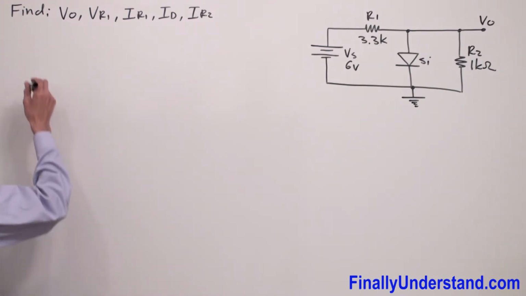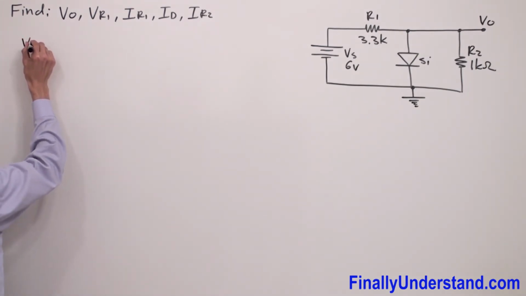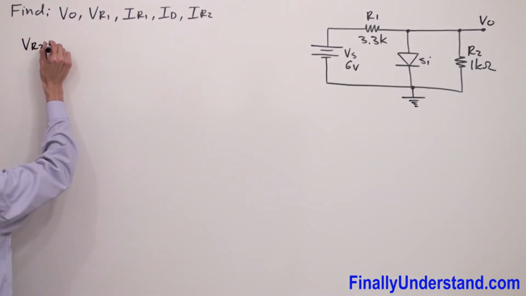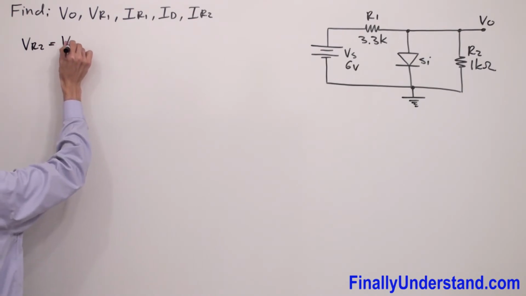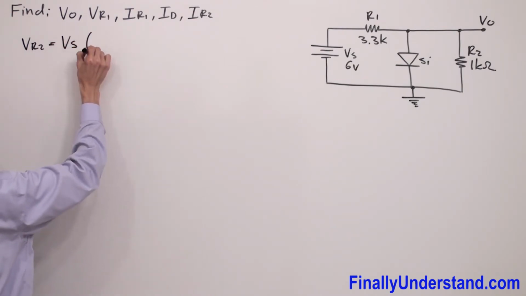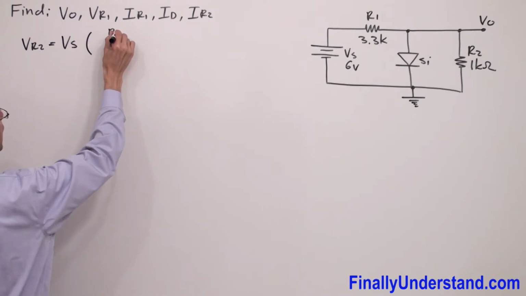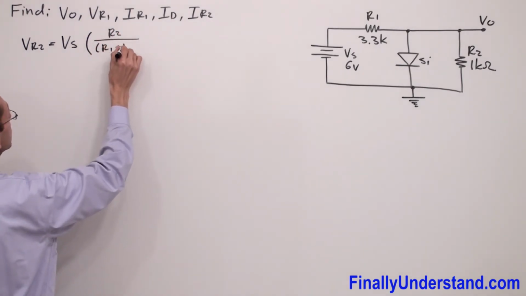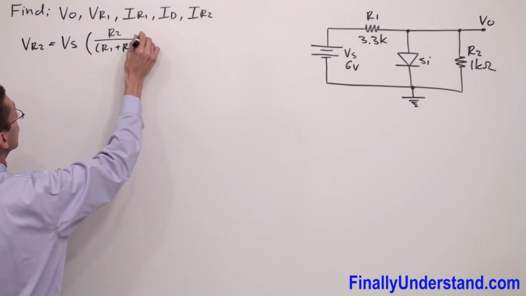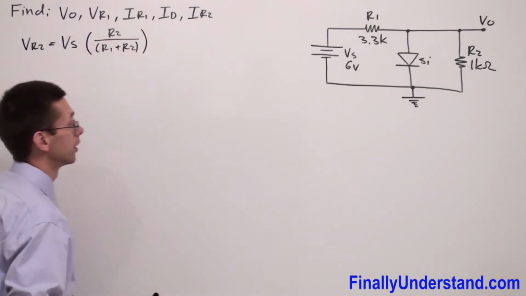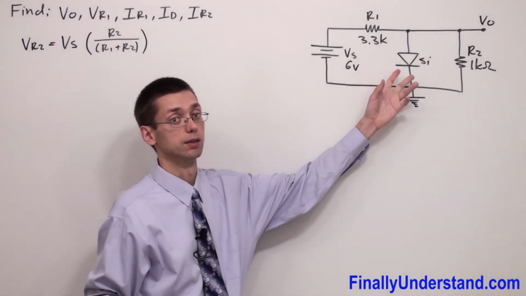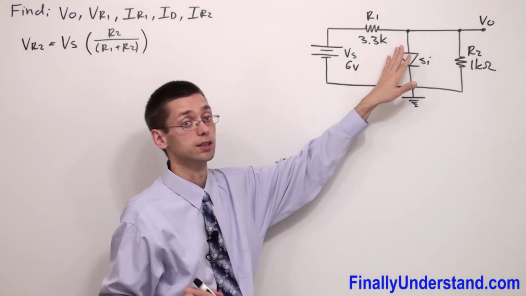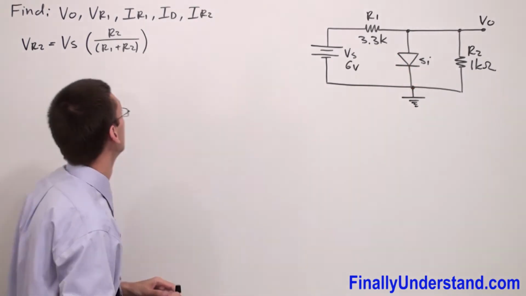So I have VR2 is equal to the voltage source times R2 over R1 plus R2. Don't forget that at this moment we're ignoring the diode. The diode is at this moment not existing.